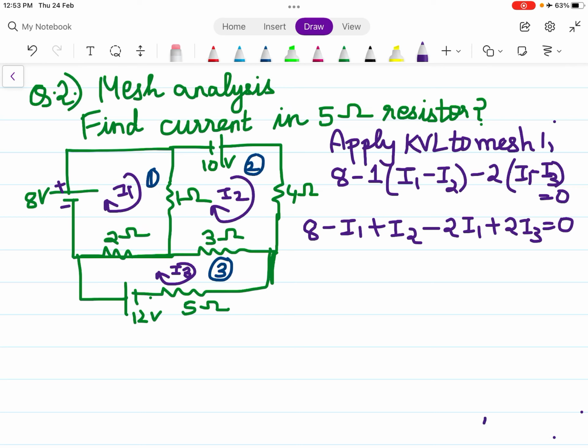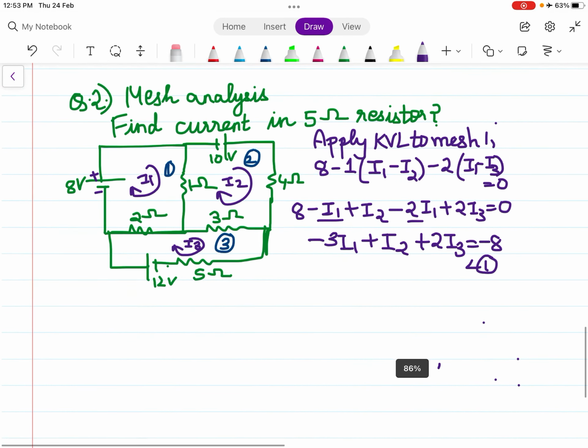So this will be minus 3 I1 plus I2 plus 2 I3 equal to minus 8, equation number 1.